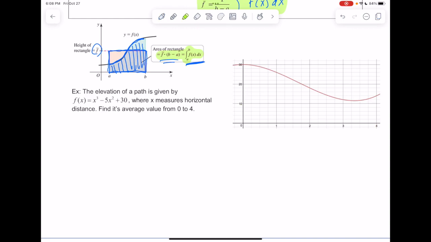So we're walking along this path, starting off, it looks like, at an elevation of 30, and then we drop downhill, we reach a low point, and we start walking back uphill a little bit. So we have all these different heights along the way.